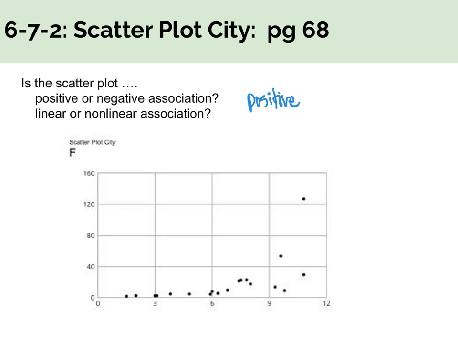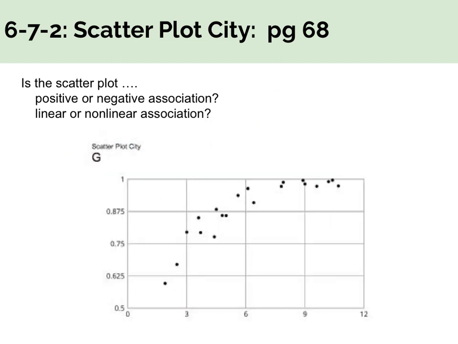And then as far as linear or nonlinear, this is nonlinear, because if you put a line through all the information, it curves. Positive, negative, or no, linear or nonlinear. This is a positive association. And then this is also considered nonlinear.